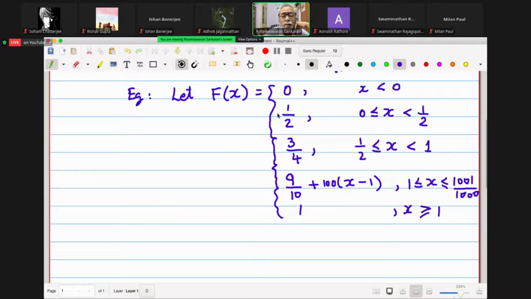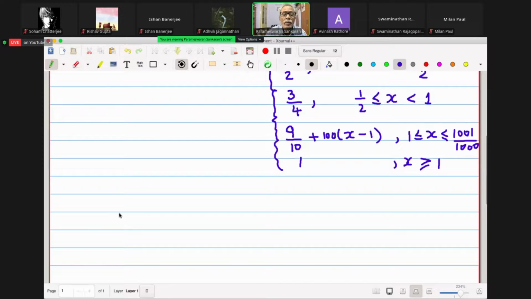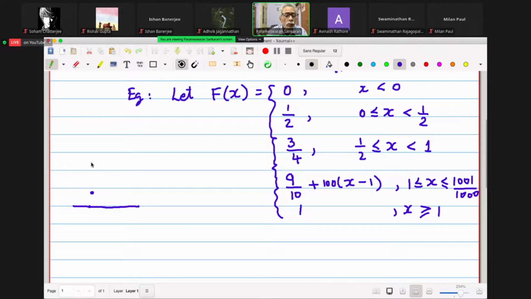So let me draw a graph once, maybe just very briefly. The fact that there is a jump discontinuity at 0 already indicates that there is a point mass at 0, and again at half there is a jump discontinuity.